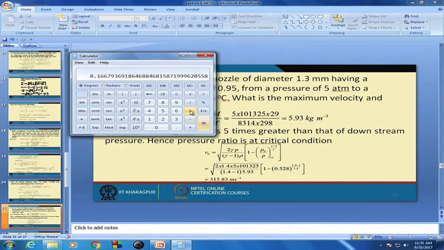So, this into 101,325 into 5 into 1.4 into 2, divided by 1.4 minus 1, that is 0.4, into 5.93.